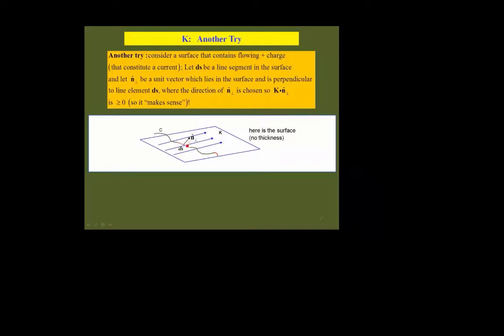Now normally you could decide to go this way or this way, but since current is flowing this way, it makes more sense to put it in this direction here, so that if you, for example, took the dot product with K, you'd get a positive number. Just a reminder, this sheet of current has no thickness. This is saying the same thing, that this vector n hat perpendicular is a unit vector which lies in the surface.